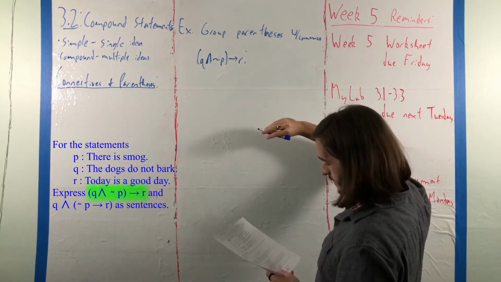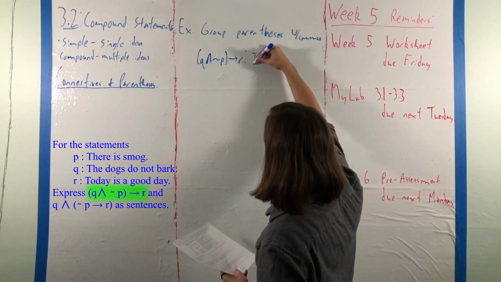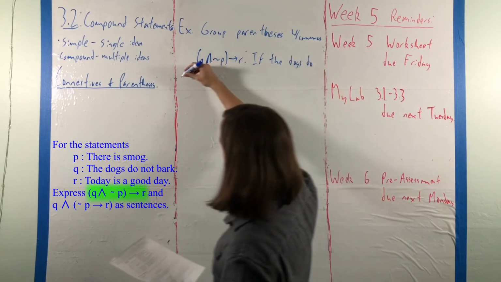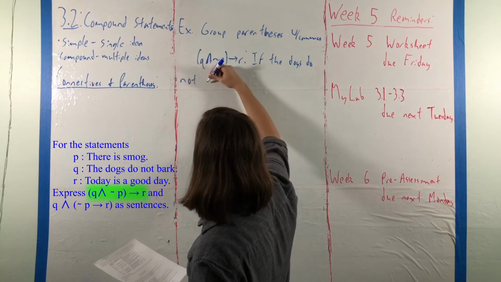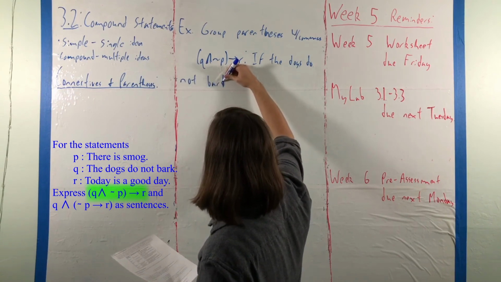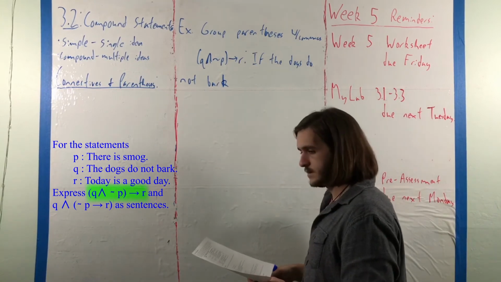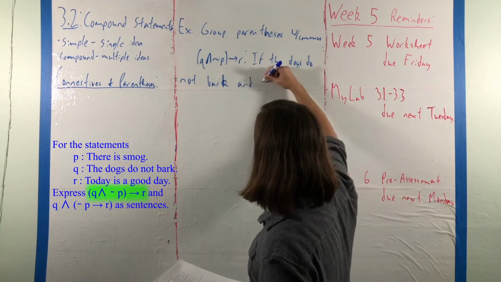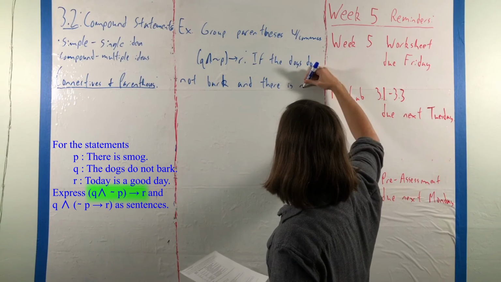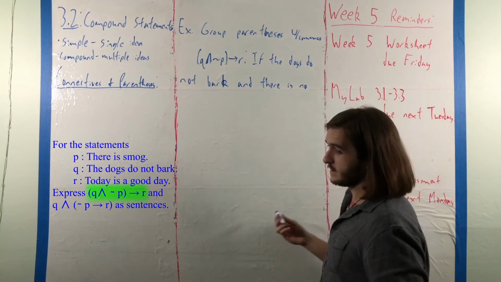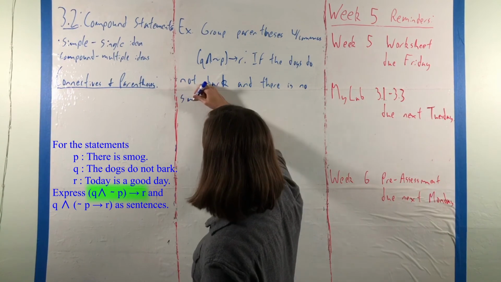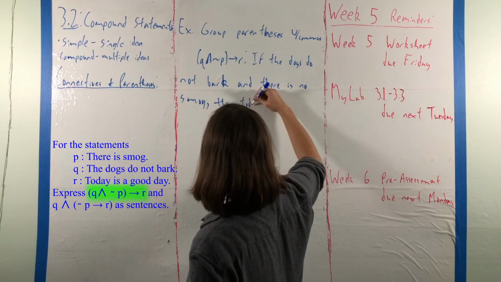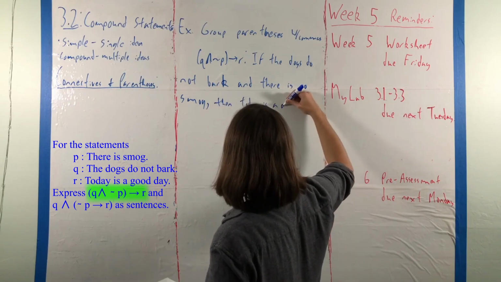This can be read as: if the dogs do not bark, because we're accepting Q at face value, and the opposite of there is smog is there is no smog. So if the dogs do not bark and there is no smog, imperfect grammar, then today is a good day.